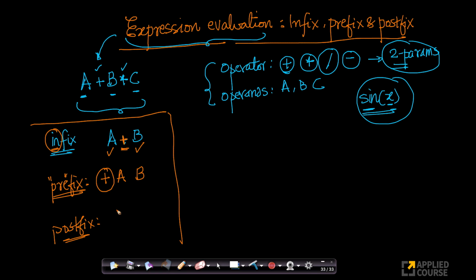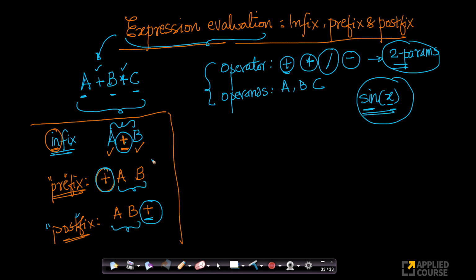In postfix notation, you have A, B, and plus. Note here that plus is after, or post. In other words, if your operator is in between your operands, it is called infix. If your operator is before your operands, it is called prefix. If your operator is after, or post, your operands, it is called postfix.